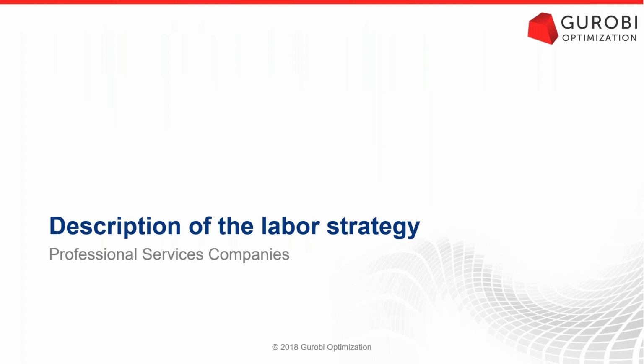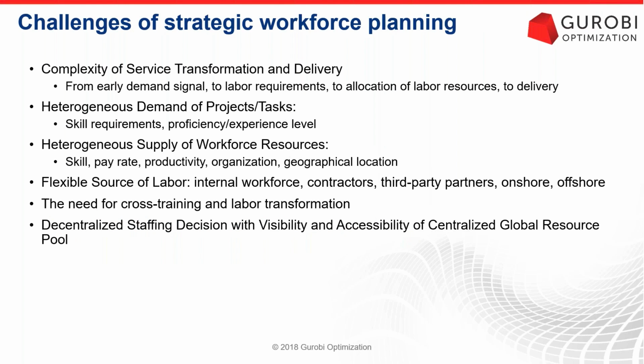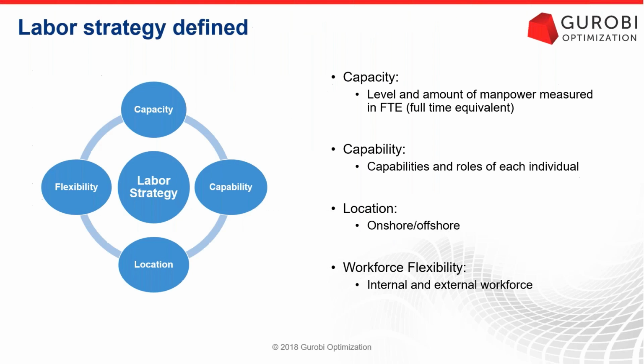So let me briefly describe the main components of labor strategy. I already discussed several of the challenges of strategic workforce planning, so I'm going to skip this slide. There are four main components that you need to consider when you are developing labor strategy. One is capacity, and capacity basically is the amount of manpower measured in FTE.